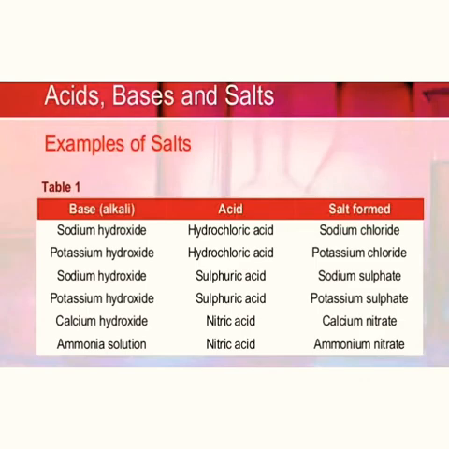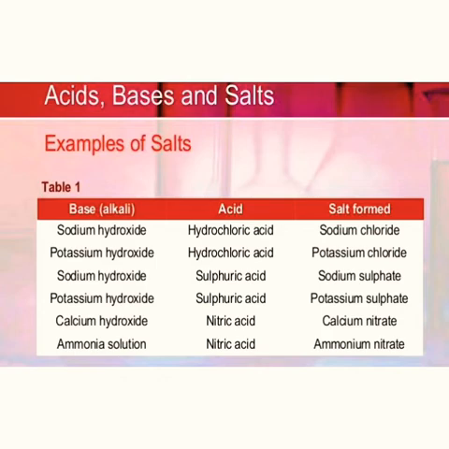We can discuss with some examples. The first example given is sodium chloride. The parent of sodium chloride is base sodium hydroxide and acid hydrochloric acid. Here sodium is from the base and chloride is from the hydrochloric acid. The second example, potassium hydroxide and hydrochloric acid, the salt we got is potassium chloride. Potassium is from the base and chloride is from the acid.